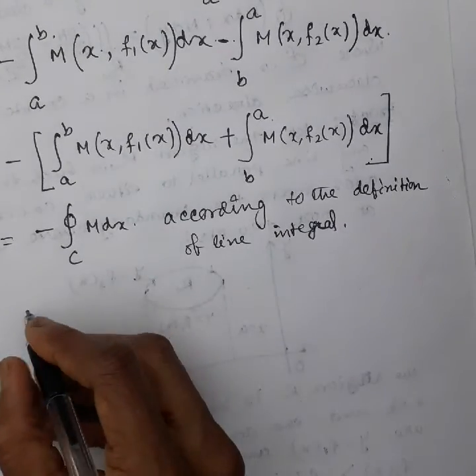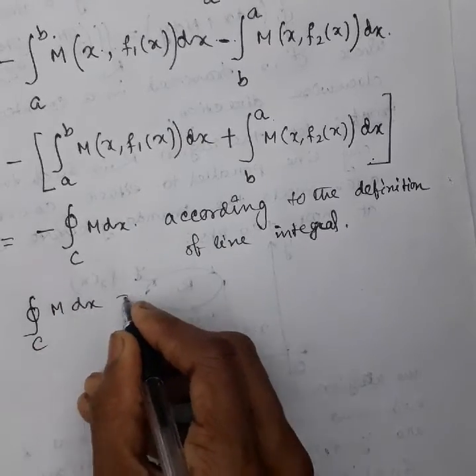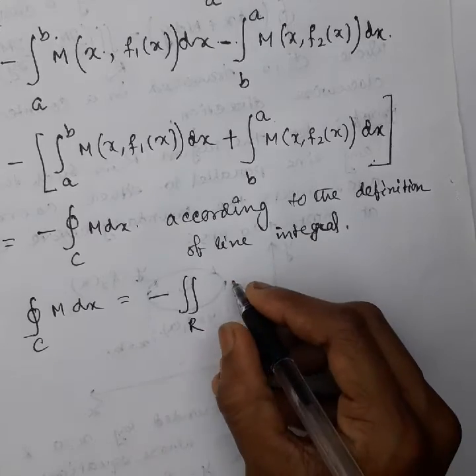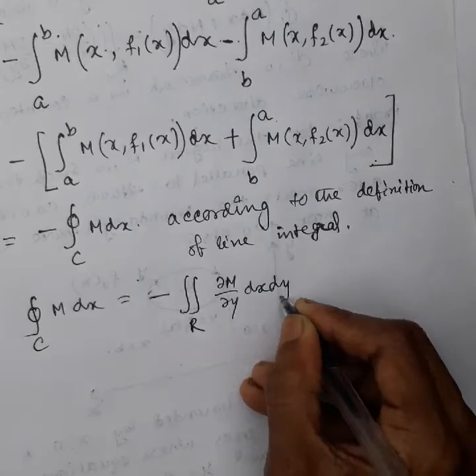So the integration around C of M dx is equal to minus the double integration over the region R of del M del y dx dy.